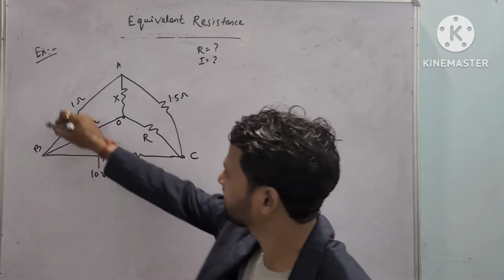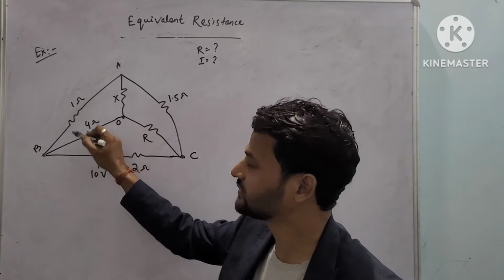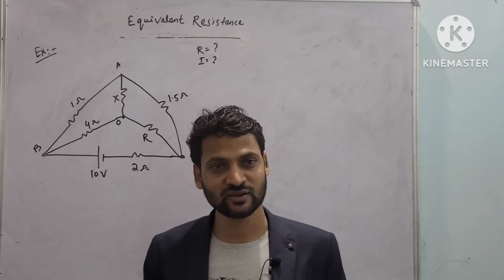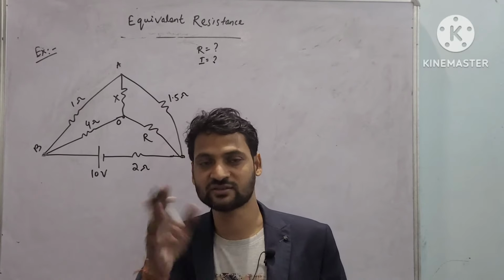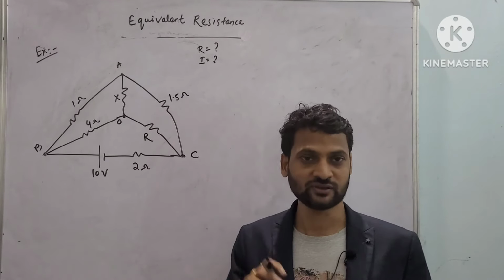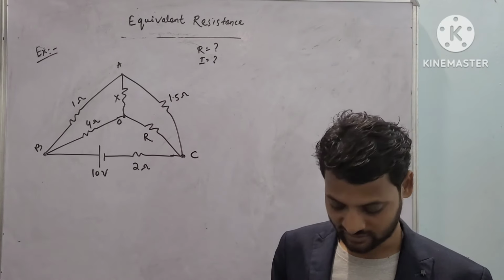So we can say this portion is a balanced Wheatstone bridge circuit. You have already read in class 12th the condition of a balanced Wheatstone bridge: the ratio of adjacent resistances will be the same. Or if the galvanometer shows zero deflection or zero reading, then you can say that the circuit is under balance condition.